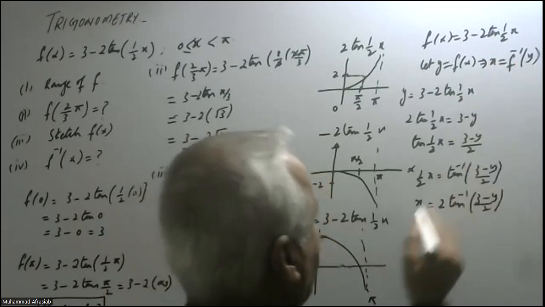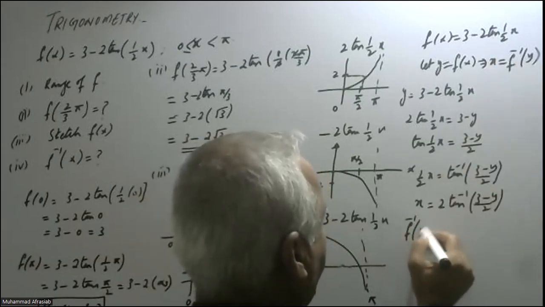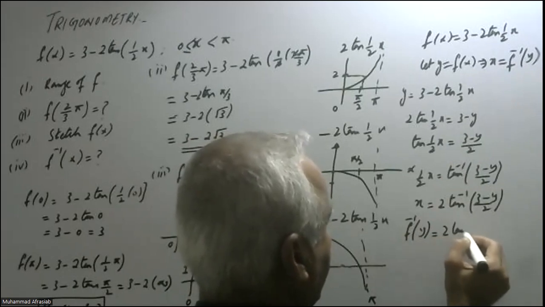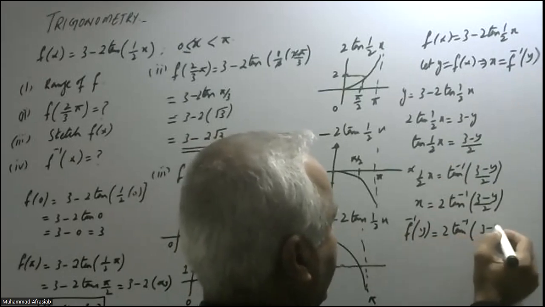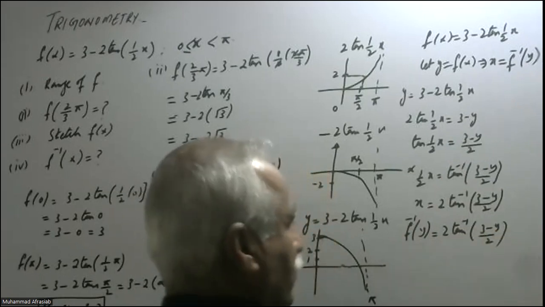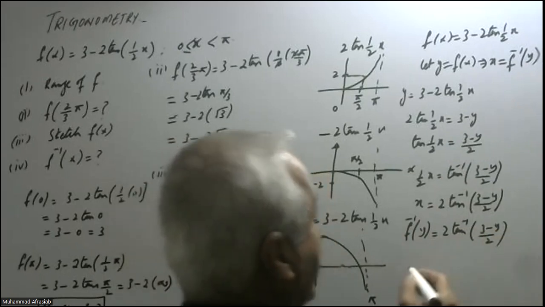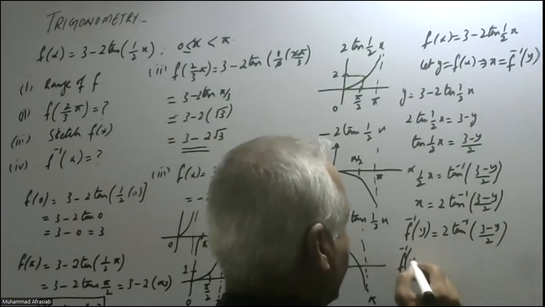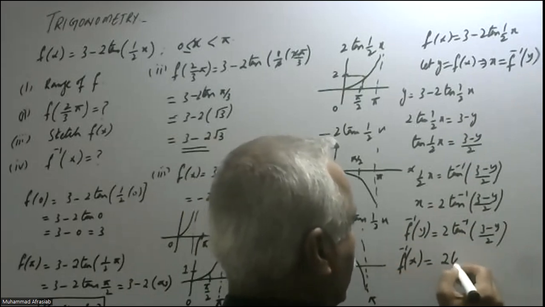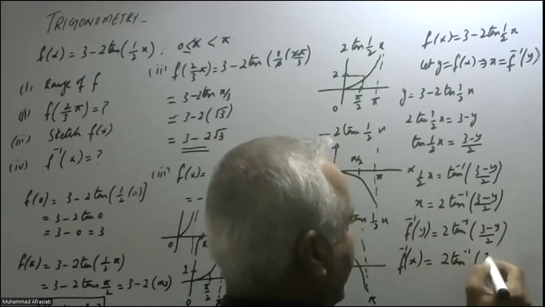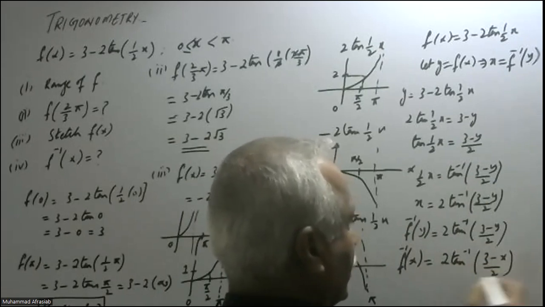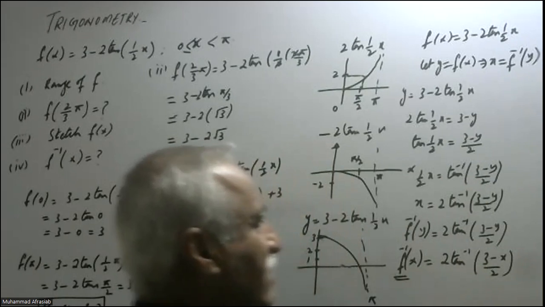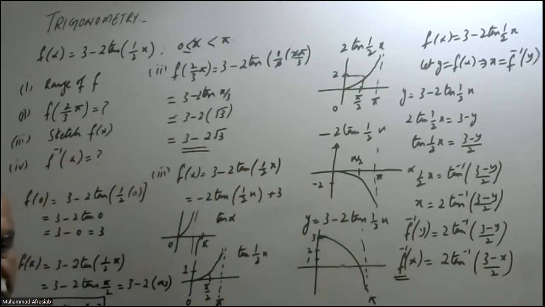But x is basically equal to f inverse of y, so that will be 2 tangent inverse of 3 minus y over 2. Now replace y with x, so f inverse of x will be equal to 2 tangent inverse of 3 minus x over 2, and that is the inverse of that function. So these are the 4 parts for this trigonometry question.